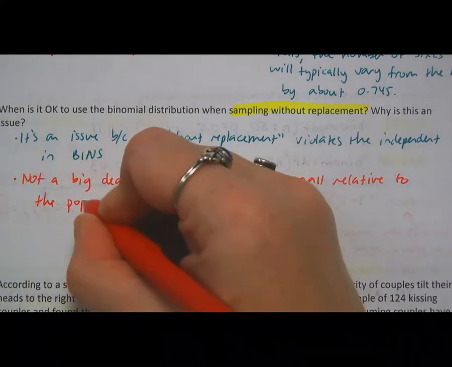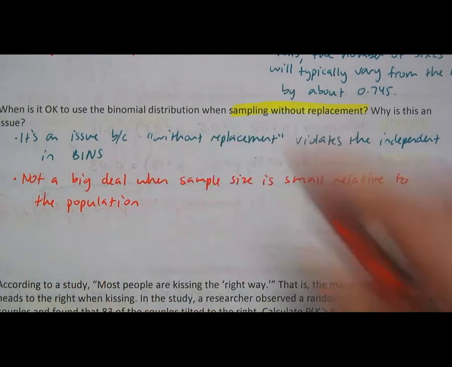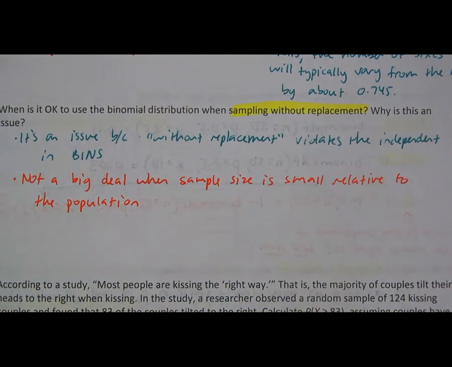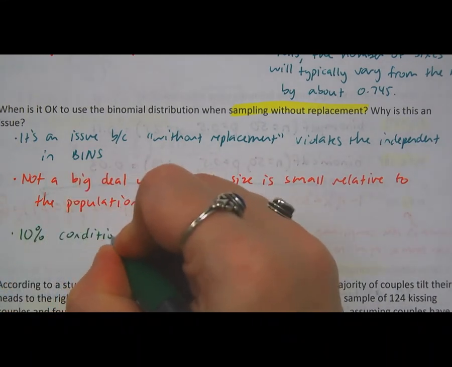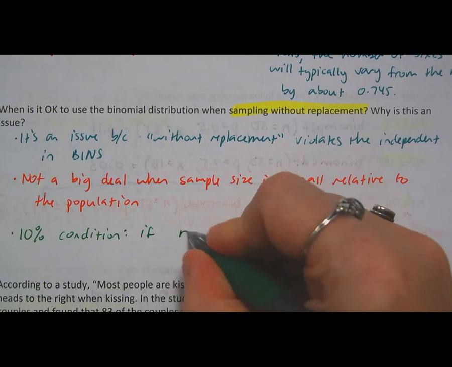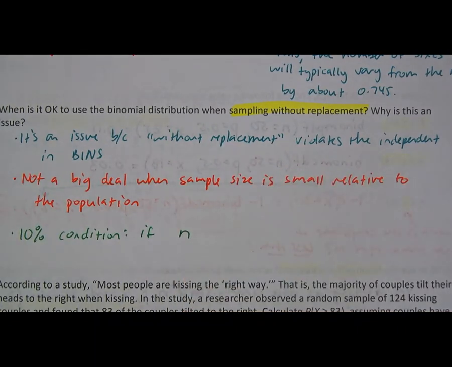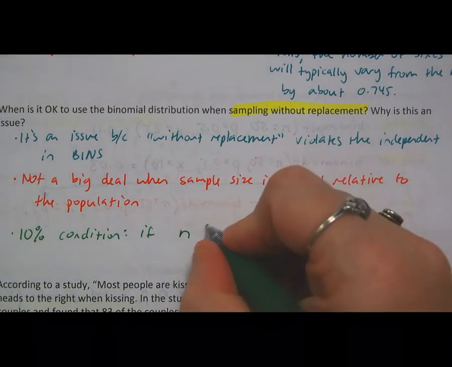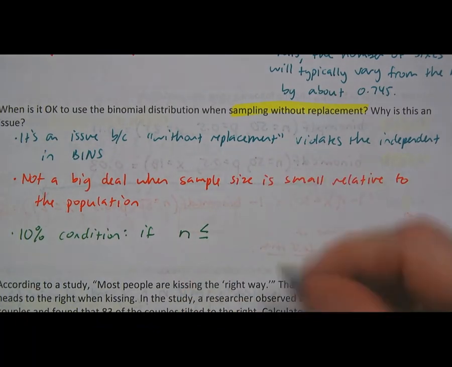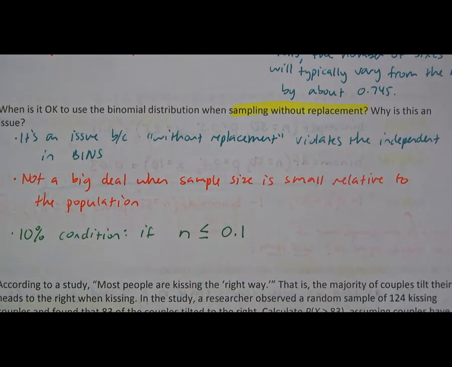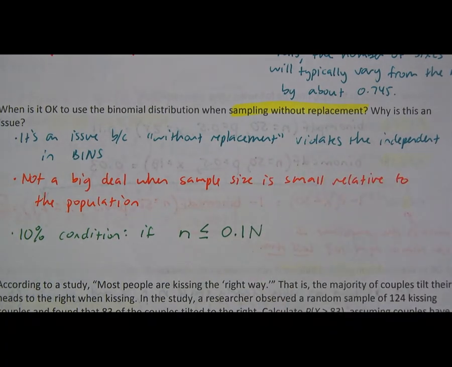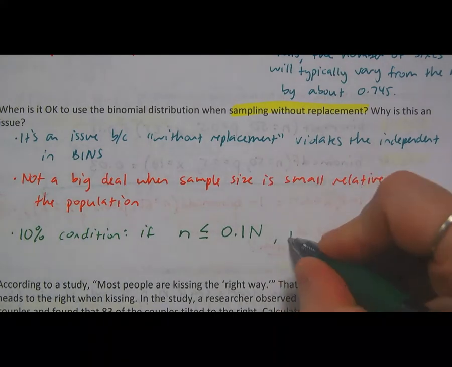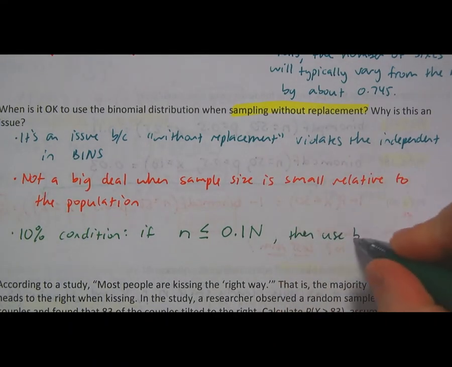What does that mean? Like, what's the threshold? It's 10%. It's called the 10% condition. The 10% condition says this: if your sample size is less than or equal to 10% of the population, then you can use binomial distribution.